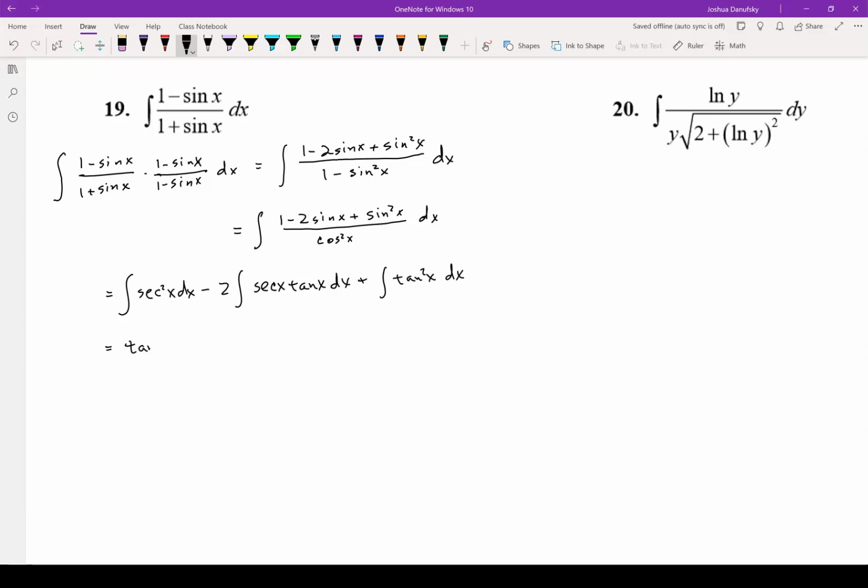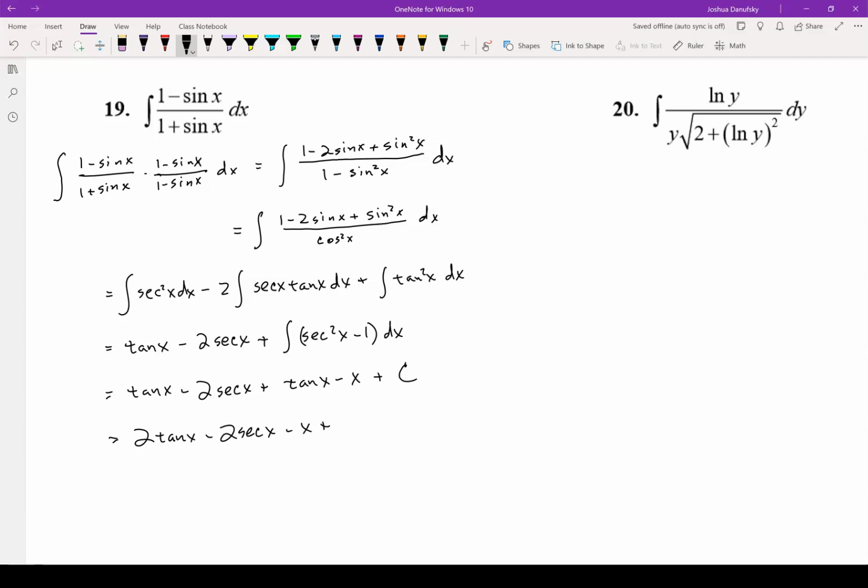Here we just get tan x minus 2 secant x plus tan squared x is the same as secant squared x minus 1. And here we get another tan x minus x plus c. So we end up with 2 tan x minus 2 secant x minus x plus c.